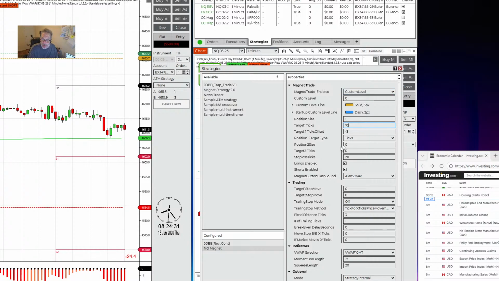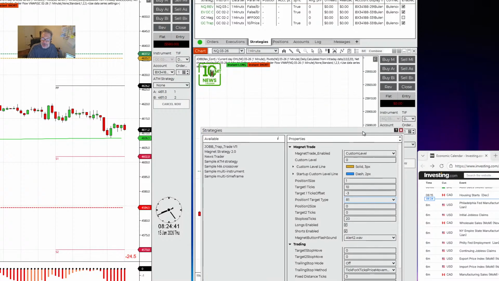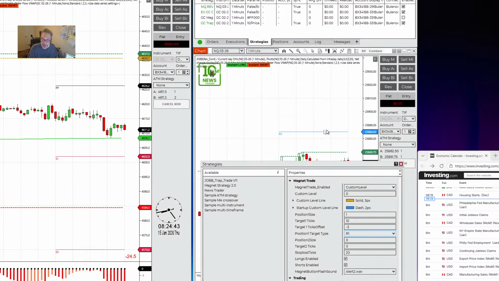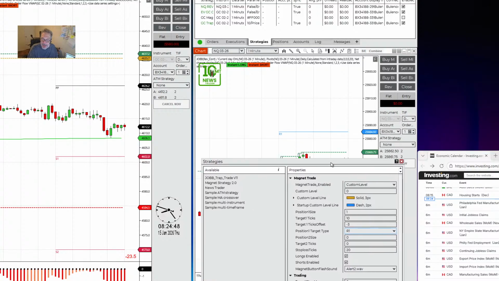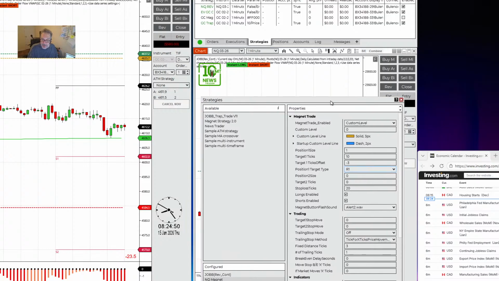But in the new version, am I targeting in ticks or am I targeting R1? I'm targeting R1. Here's my target. R1 is my target. So I want to exit a couple of ticks before it usually, right? I'm targeting R1.